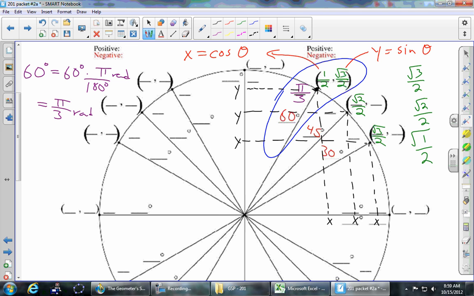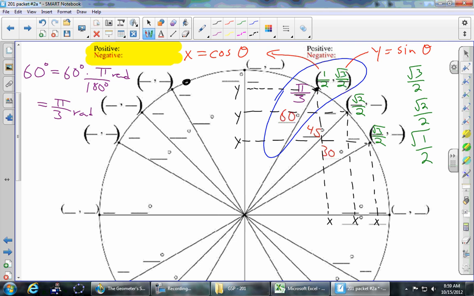And then the last thing to put in this page, let's jump over here to this top left stuff. It says positive and negative. So what it's looking for here is a list of which of the trig functions are positive and which are negative. So we said that the x is the cosine and the y is the sine. And if you just pick any random point out here on the circle in the second quadrant, which one of the numbers is positive?